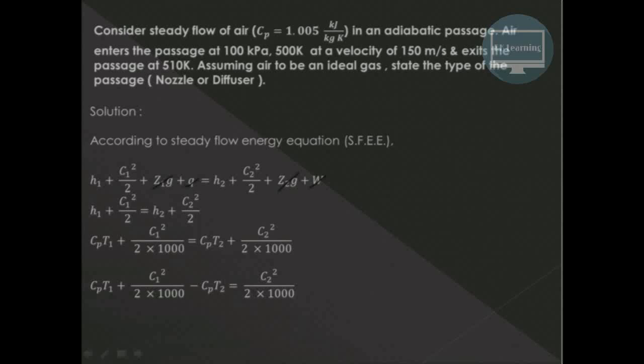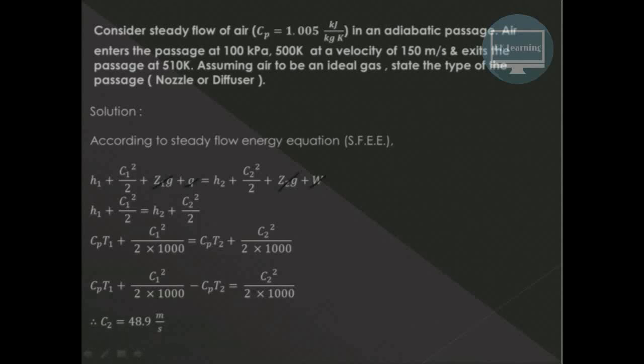Now here the important part is that this enthalpy will be in kilojoule per kg, but this particular value, that is 1/2 m into c square, that is kinetic energy, will be in joule. So we have to convert this value from joule to kilojoule, and therefore we are dividing it by 1000. So this is the most important step that you have to remember.